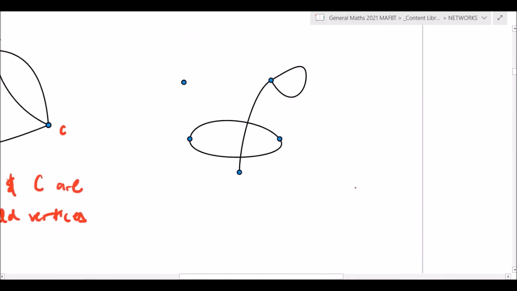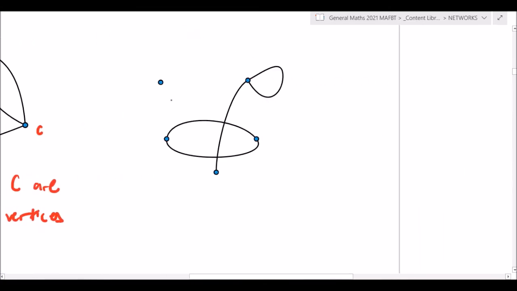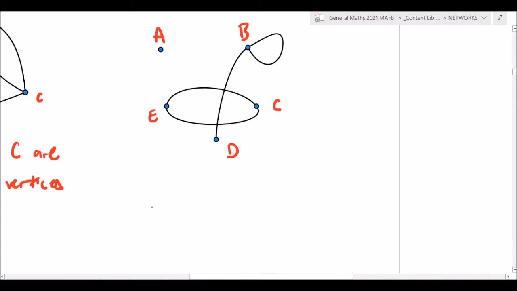Cool. Last one. This one's a tricky one. So let's write this down. You've got A, B, C, D, and E. Let's write all the degrees for them. Degree for A: I can see that there's no lines connected to it, so it'd be 0. Degree for B is going to be 1, 2, 3. So 3. Remember the loops count for 2.